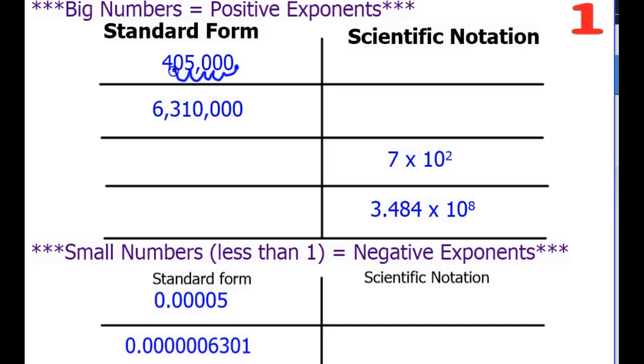We went over 5 spots, so we could put our decimal right there. So we get 4.05 times 10 to the, now we count up how many spots we went, 1, 2, 3, 4, 5, so 10 to the 5th power.